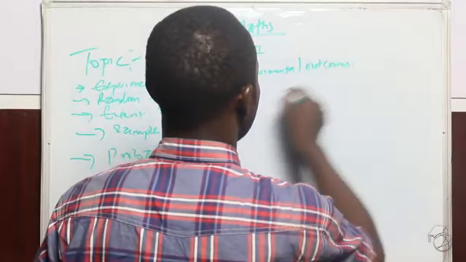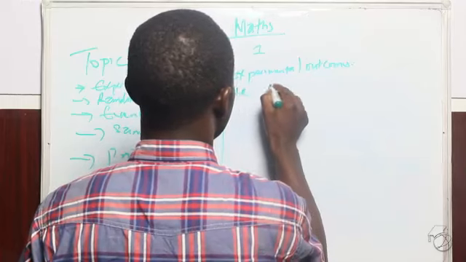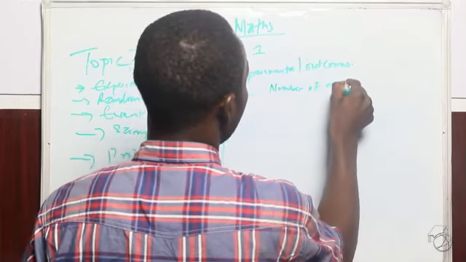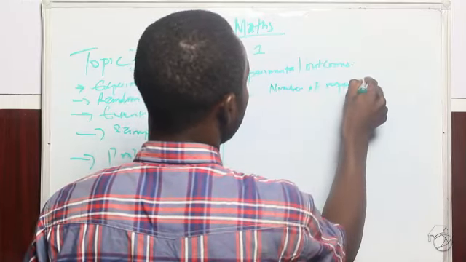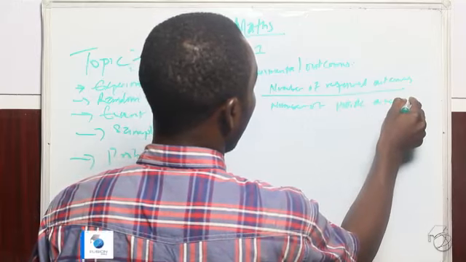That is, number of required outcome over number of possible outcome.